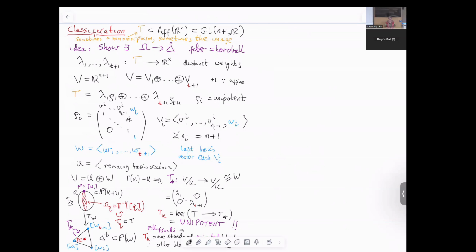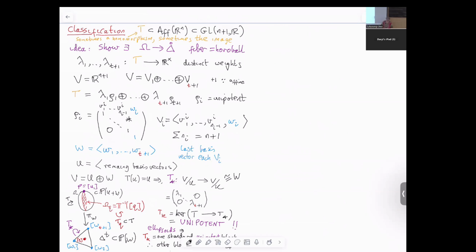So that's what you want to prove. And last time, I explained that what we know about T is that it's conjugate to a group of upper triangular matrices with positive entries on the diagonal, positive weights. So we know that, well, there's a collection of positive weights. The number of weights I've called T plus 1.